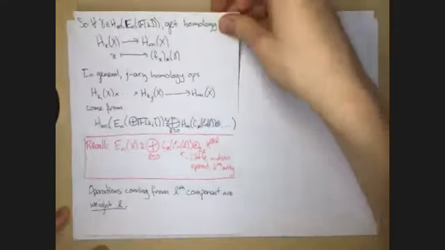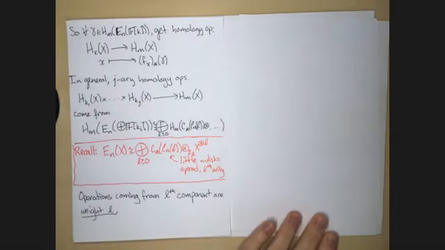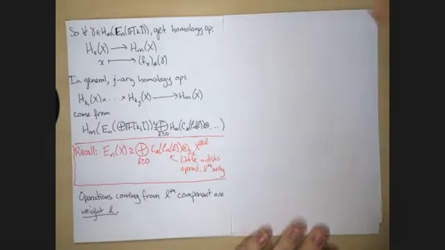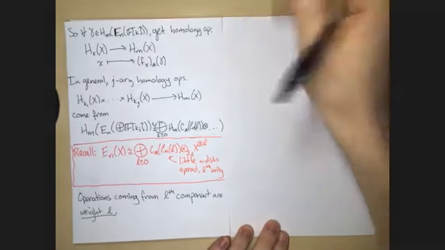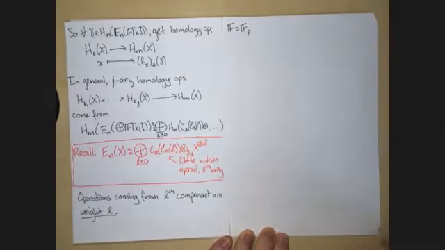Okay. So let me tell you something about what the moral of the story is in the classical case anyway. So let's let our field equal F_p for a prime p.